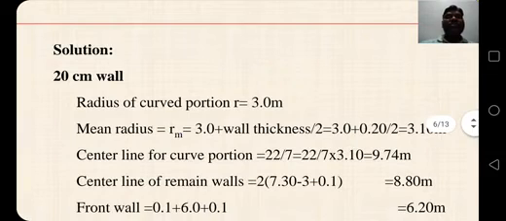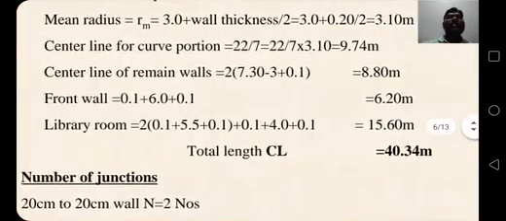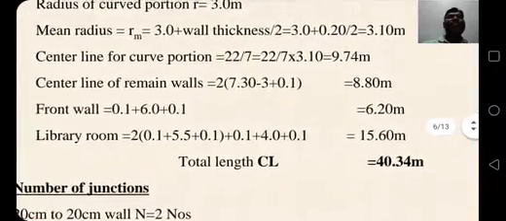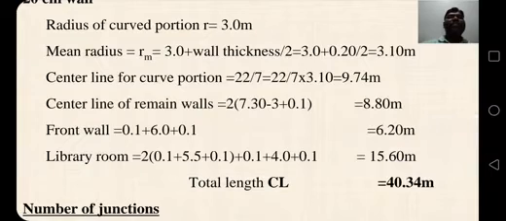Solution: 20 centimeter wall, radius of curved portion R is equal to 3.0 meter, mean radius RM is equal to 3 plus wall thickness by 2 is equal to 3 plus 0.2 by 2 is equal to 3.1 meter. Center line of curved portion 22 by 7 into 3.1 is equal to 9.74 meter.